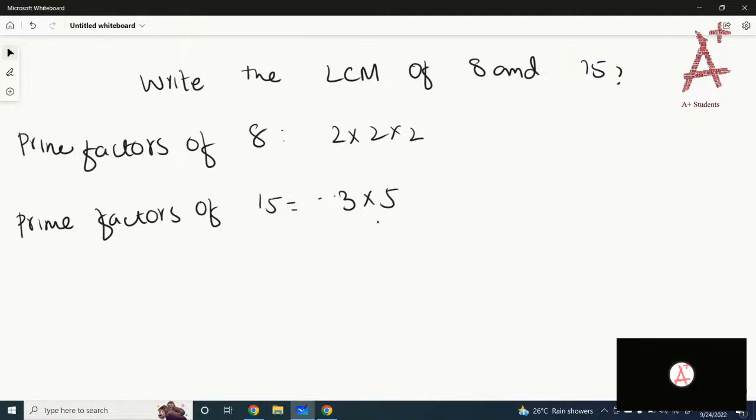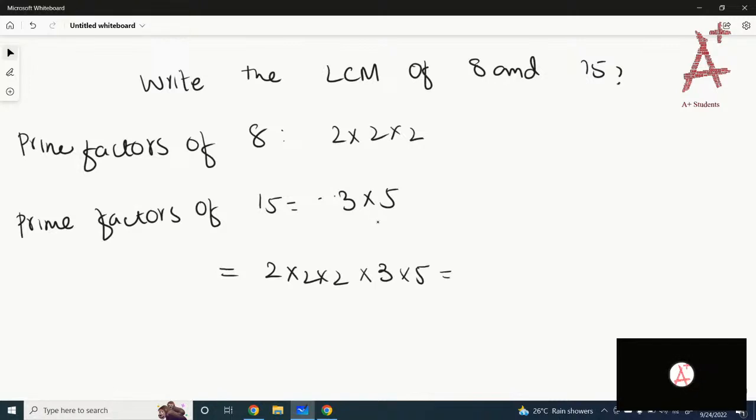Okay, so what you have to do is repeat each prime factor the largest number of times it appears in any of the prime factorizations. We don't have any common factor, so you multiply all the non-common factors: 2 times 2 times 2 and 3 times 5.